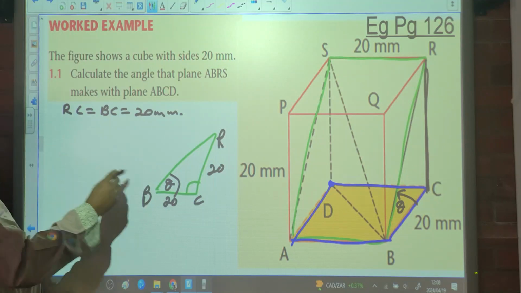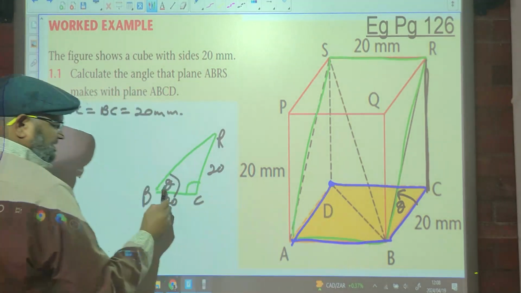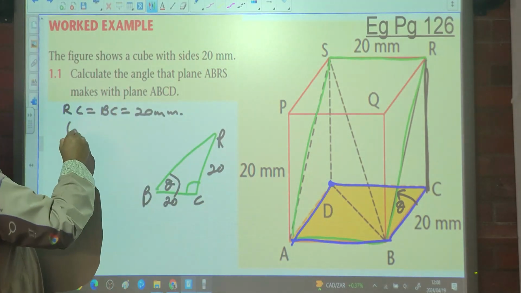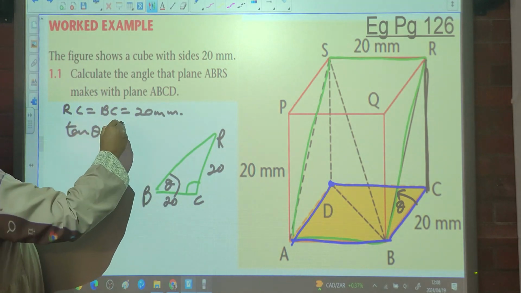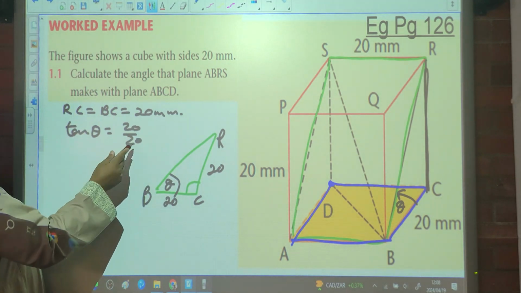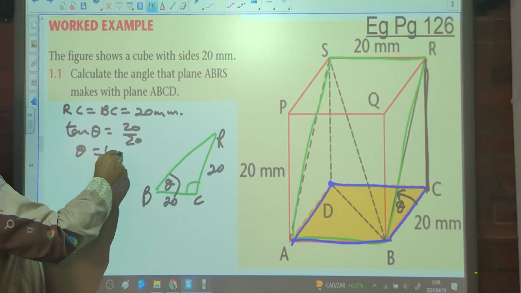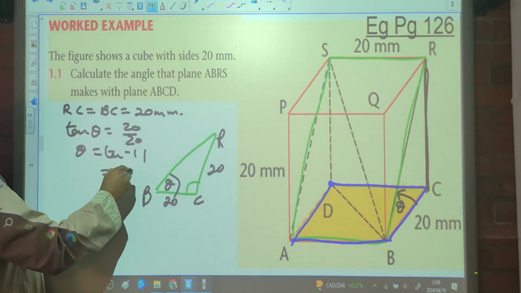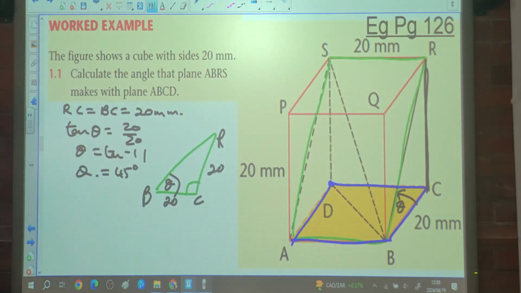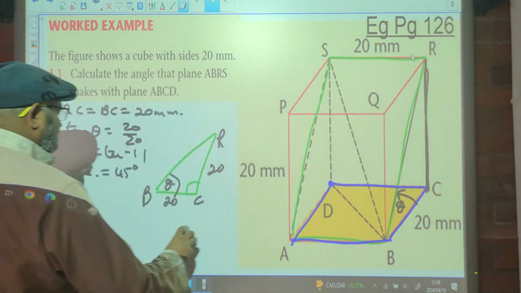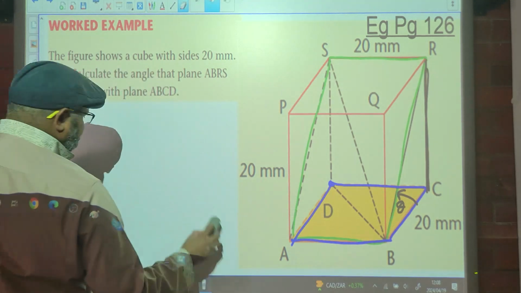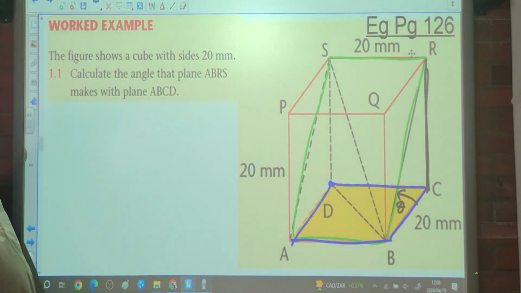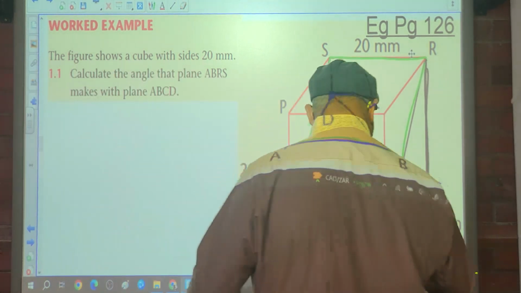Then the angle theta is this angle here. So tan of theta is equal to 20 over 20, which is 1. Arctan of 1 is 45 degrees. So theta is 45 degrees, and put 45 here.